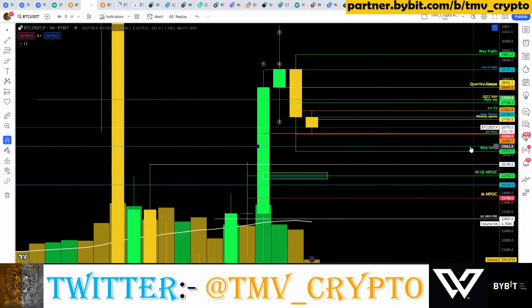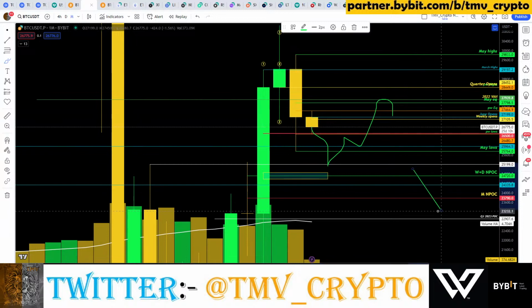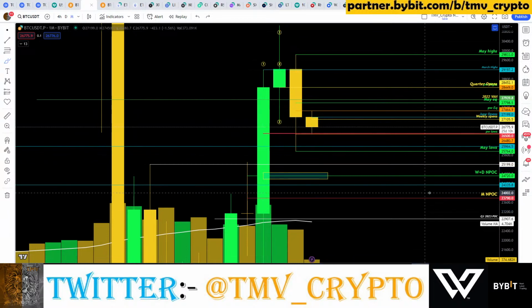We have almost no levels, but we have a good support at 26,000, and 25,800 is the May lows. Practically it can form a nice range. If you really want to see some more choppiness, that's how the price should do it: sweep the downside, flip the range up, go to the May equilibrium towards 27,800, reject, and this is how the new range forms, and we literally go on the downside. But that's how the range normally plays out.